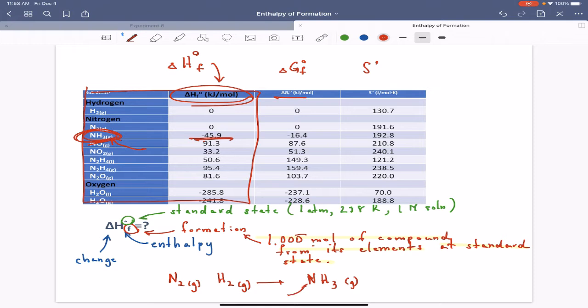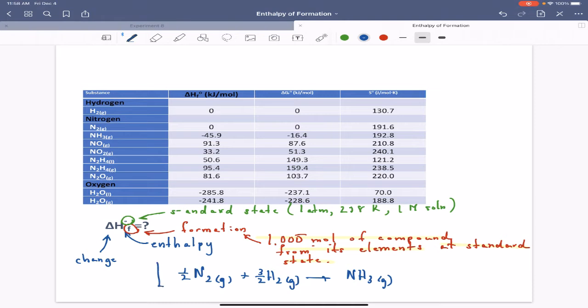In order to have 1 nitrogen in 1 mole of ammonia, I need 1 mole of nitrogen atoms, which is half a mole of the molecule. And for 1 mole of ammonia, I need 3 moles of hydrogen atoms, but hydrogen comes in pairs, so this has to be 3 halves.